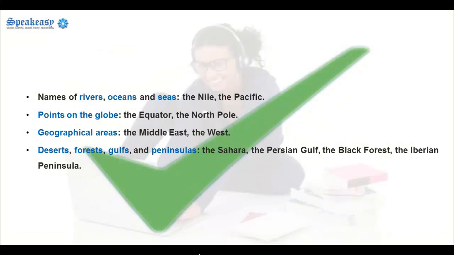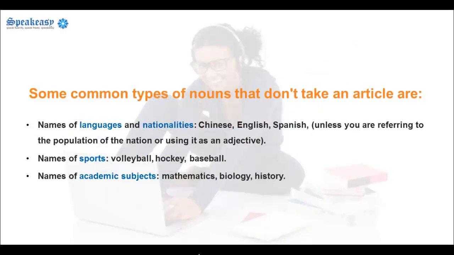You can use articles for names of rivers, oceans and seas, points on the globe, geographical areas, deserts, forests, gulfs, and peninsulas. Some common types of nouns that don't take an article are names of languages and nationalities, names of sports, and names of academic subjects.